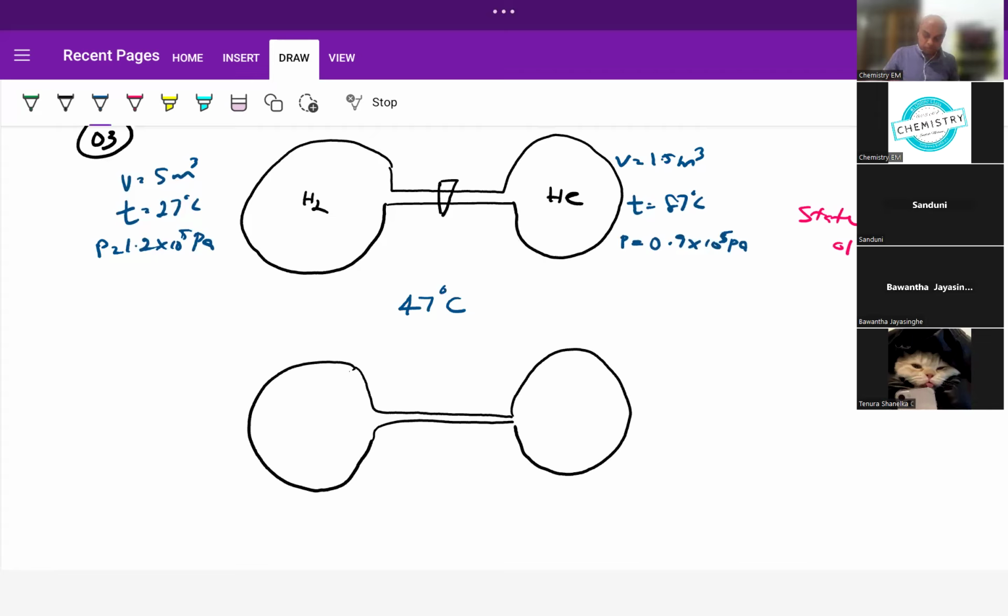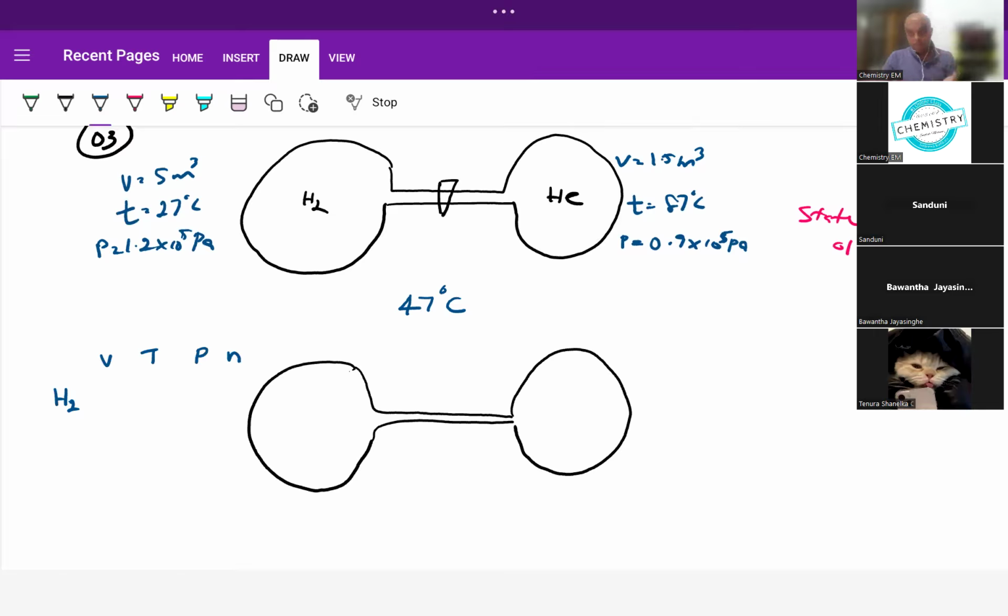So if you take hydrogen, we need to consider volume, temperature, pressure, and number of moles.